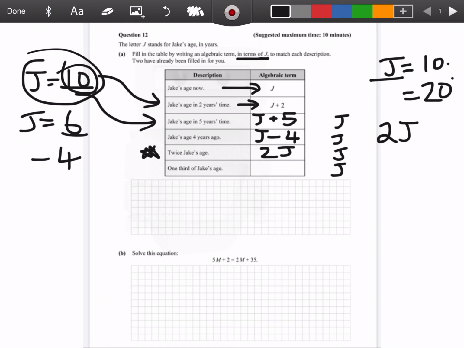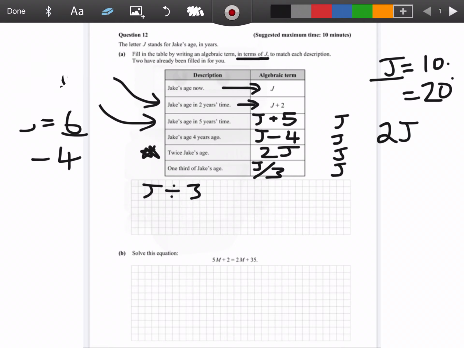And then finally, 1/3 of Jake's age. So when I get 1/3 of something, what do I do? I divide it by 3, okay? So in this case, it was going to be J over 3, and I've put it kind of sideways because I can't get it into the box, but you can imagine J divided by 3. Now, remember, we were using the example that J was 10 years old.